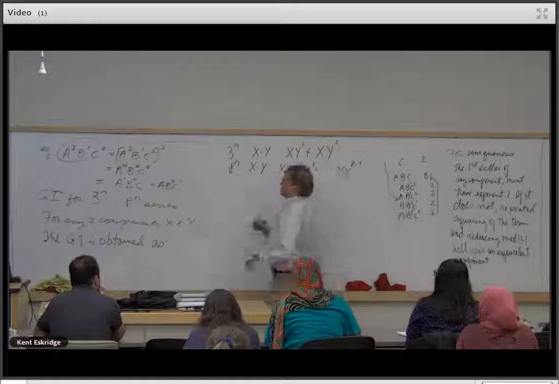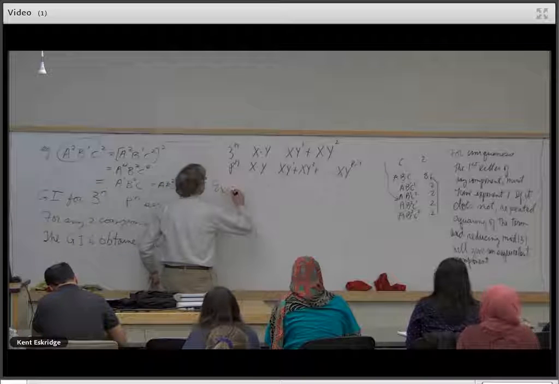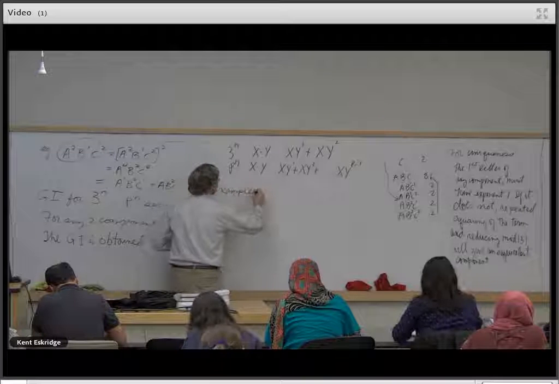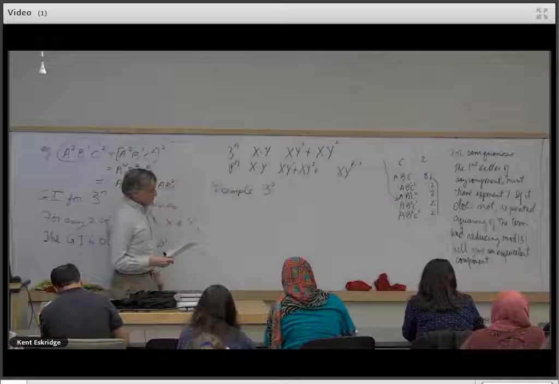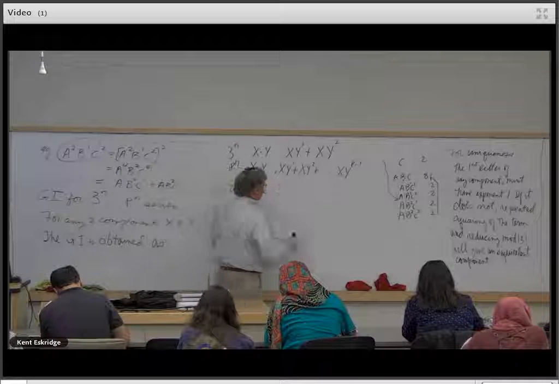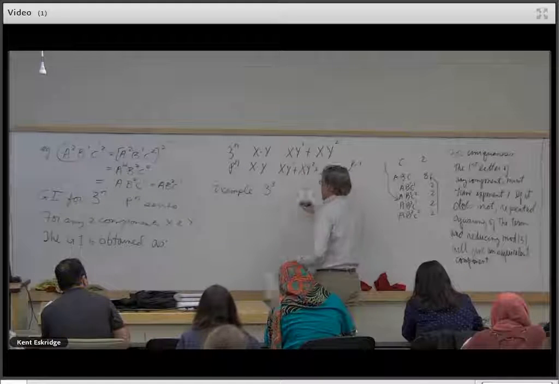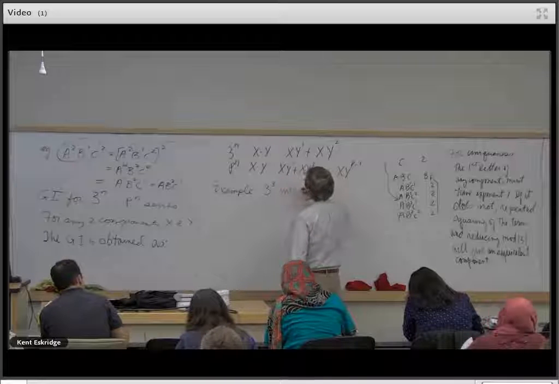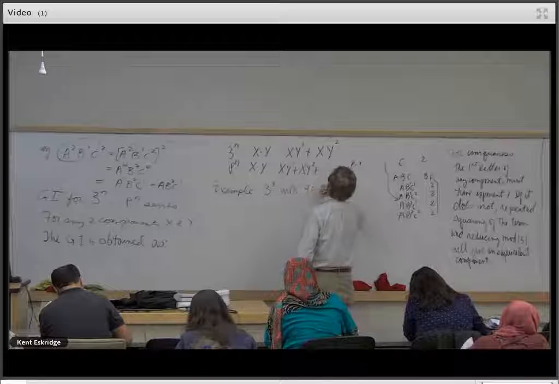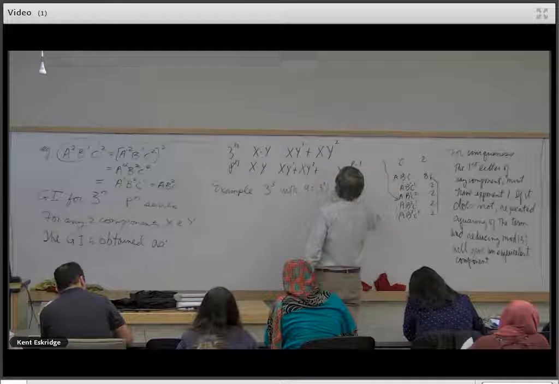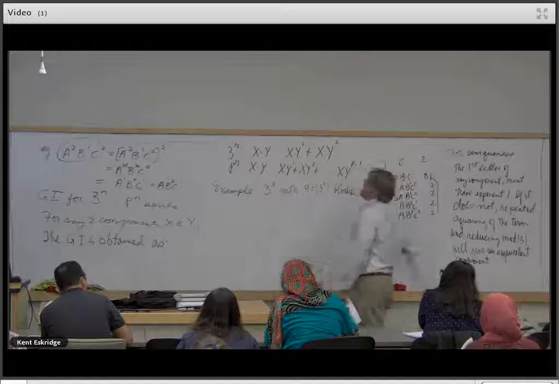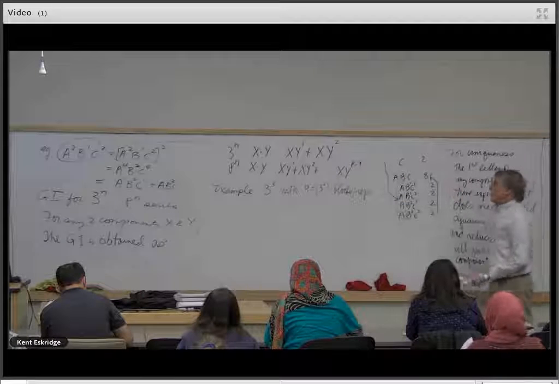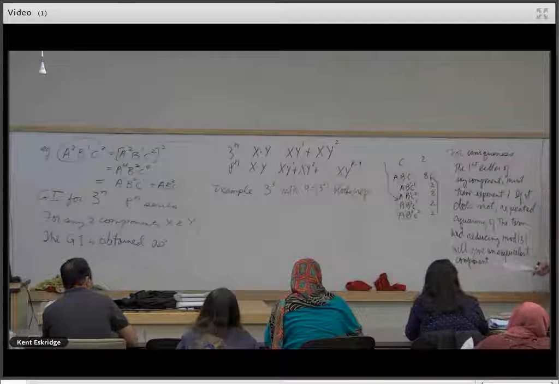Okay, so let me give you an example. This is a 3 cubed, so it's 27 treatment combinations in 9 blocks per replicate, with 9, which of course is 3 squared, blocks per replicate. How many terms do I have to explicitly confound?